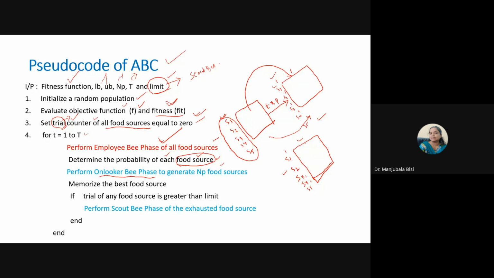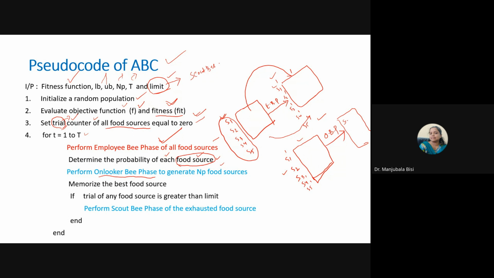Right. Now this S1 dash, S2, S3, S4 dash and S5 dash is the input to the onlooker B phase. Now we have to perform the onlooker B phase. In the onlooker B phase, again we'll do some mathematical operation to convert, right? That means we are trying to change the solution.